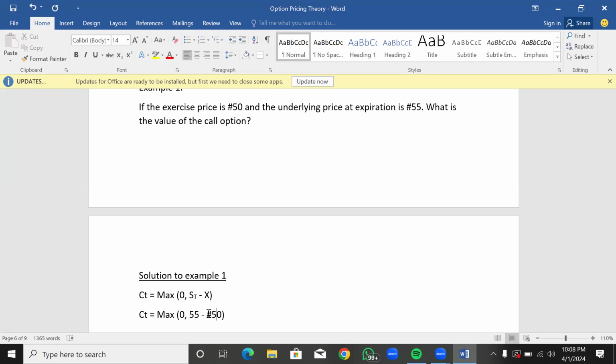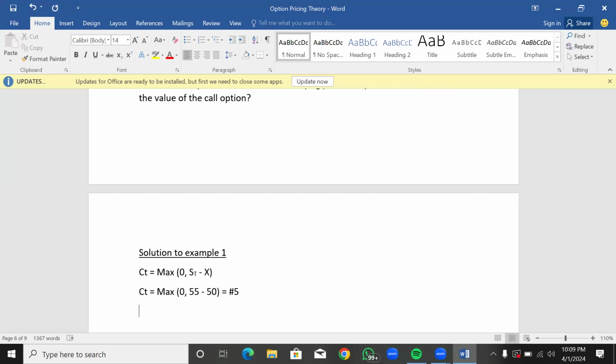So automatically I have 5 naira. Therefore, the value of the call option is 5 naira.